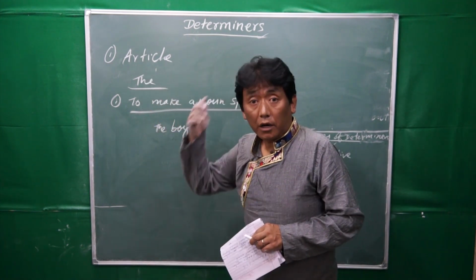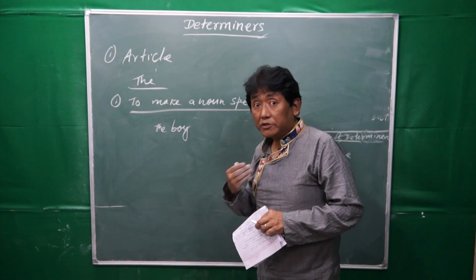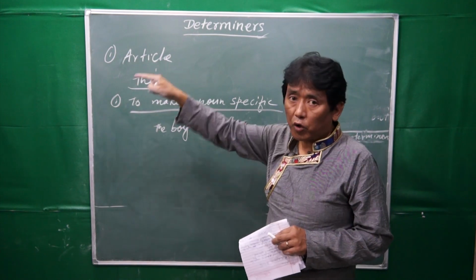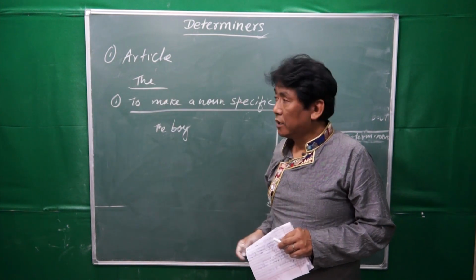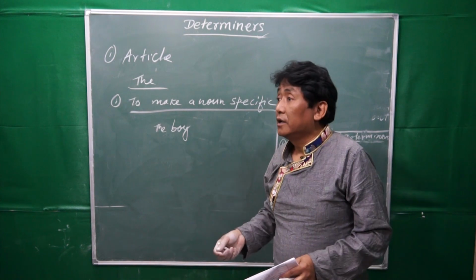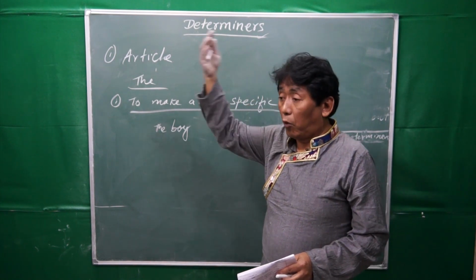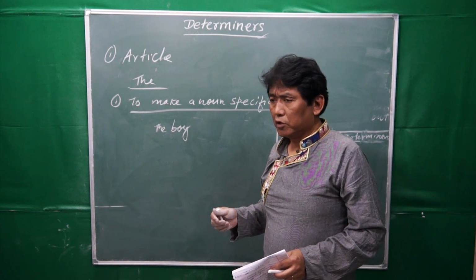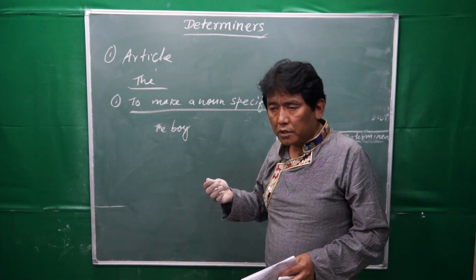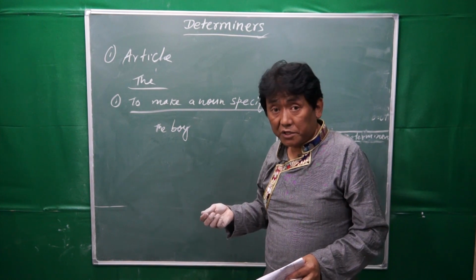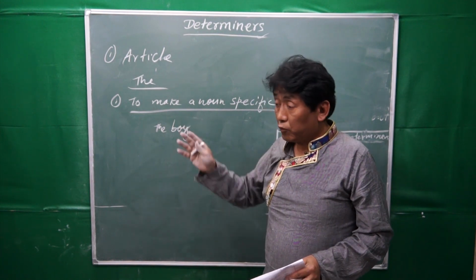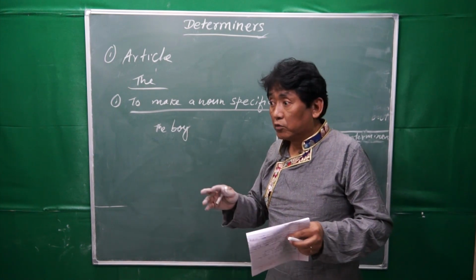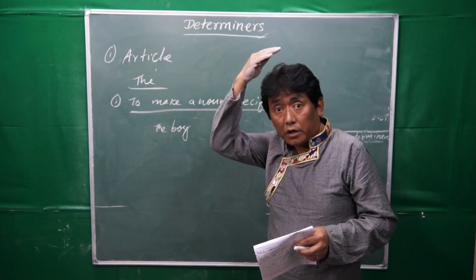was wearing a red cap. What I'm trying to say is I saw a boy at the school gate and the same boy was wearing a red cap. But if I say I saw a boy at the school gate, and the next sentence, a boy was wearing a red cap, that means I have not specified the boy. The boy whom I saw at the school gate may be different from the boy whom I saw wearing a red cap.